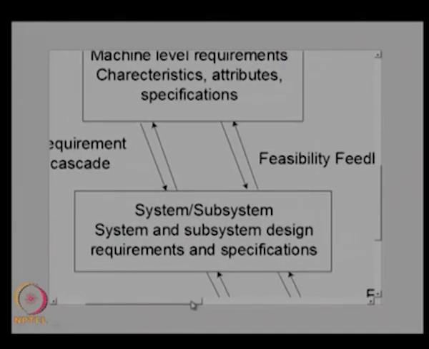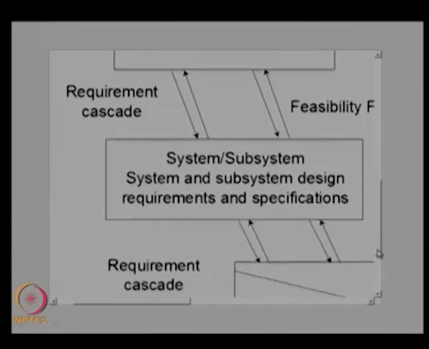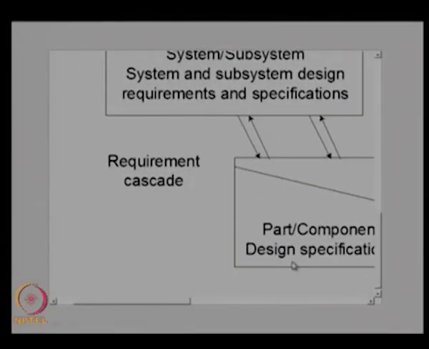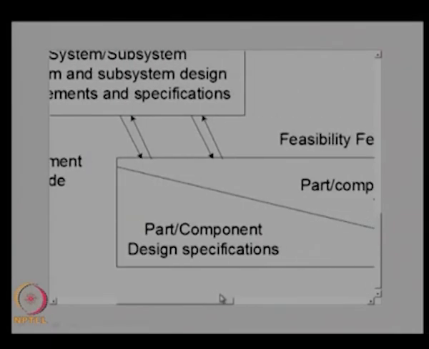And here the requirement cascade and the feasibility functions will be taken into account, and they will be interacting to get the system and subsystem design requirements and specifications. Similarly, we will be going for the details of the parts and components. Once we identify the system and subsystem, we can go for the part and component design specifications.